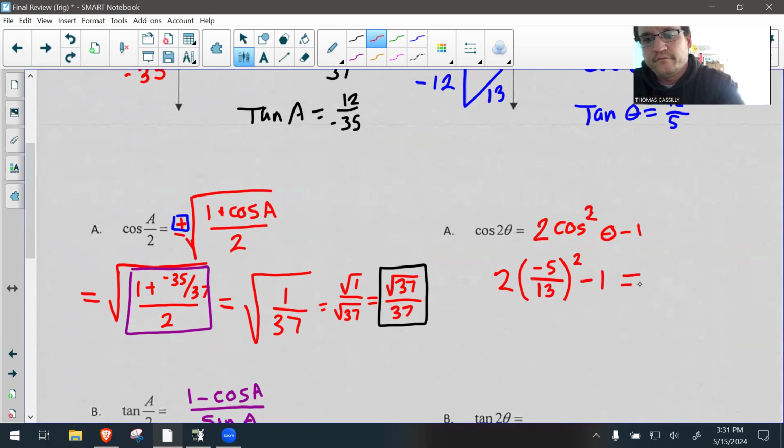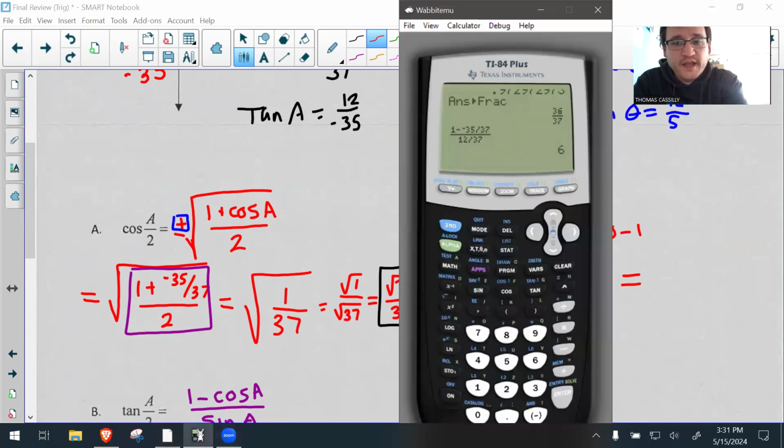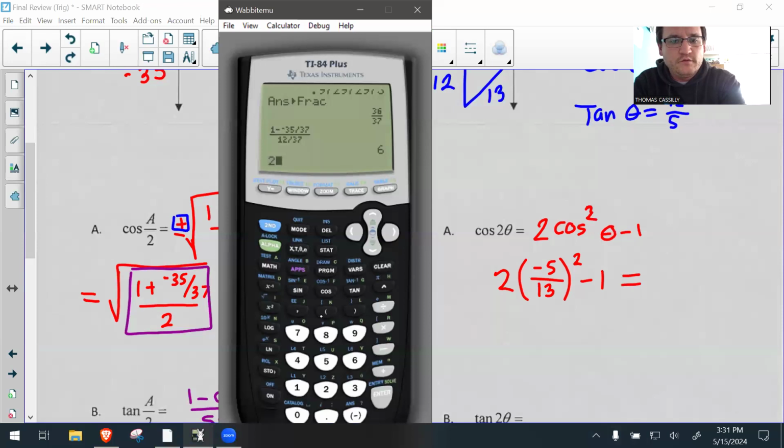And again, if you want to do it by hand, by all means, I'm sure you're very capable of it. But if you don't, then go to the calculators and throw it all in there. If you do this, make sure you use parentheses because you are squaring a negative. Your calculator might spit out the wrong answer if you don't use those parentheses.